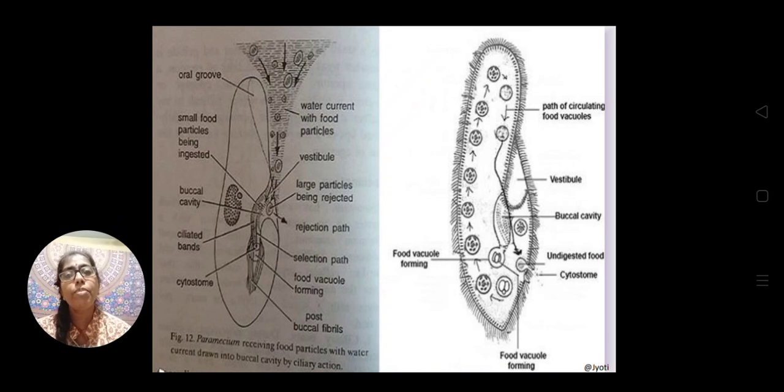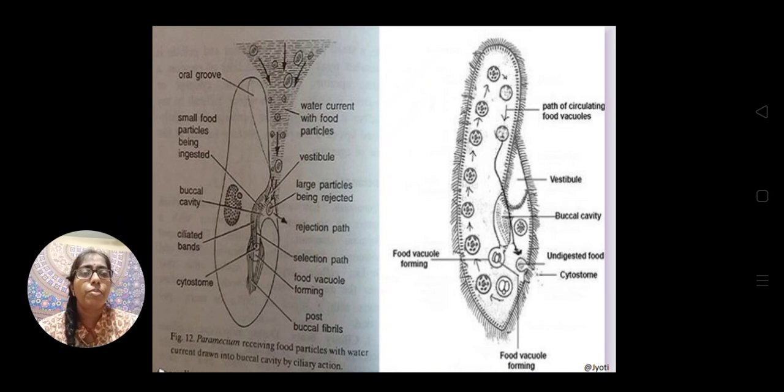In amoeba the food is captured with the help of pseudopodia, whereas in paramecium the food is captured with the help of cilia, the hair-like structures. Then it goes to the buccal cavity, and then it forms the food vacuole. Now the processes of digestion, absorption, assimilation and egestion are the same in both cases.